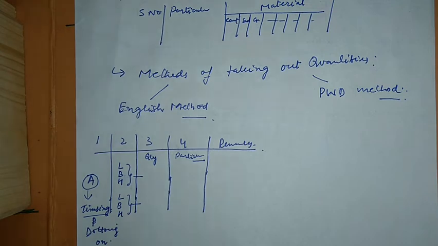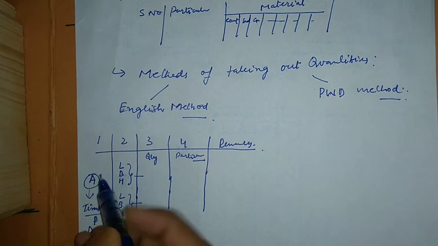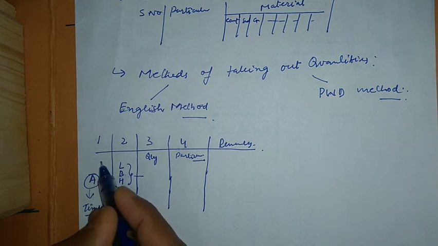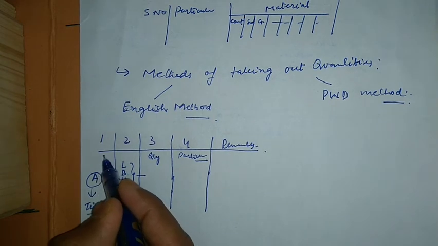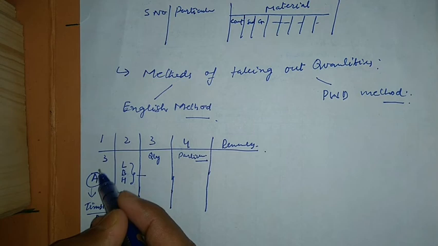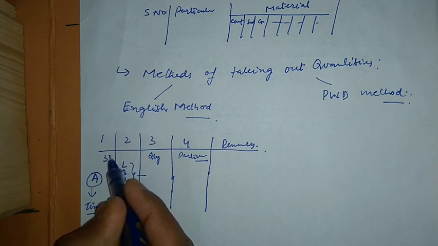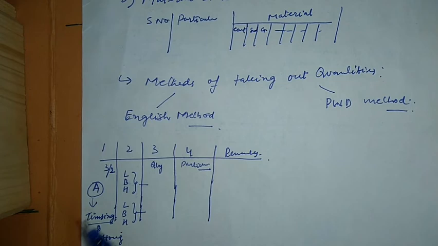Let me give an example of timesing. For example, this type of work, we have to multiply it 3 times. We note it down like this, 3. Or again, if we have to multiply it 2 times, we will write like this. Similarly, if we have to add, then it will be like this.